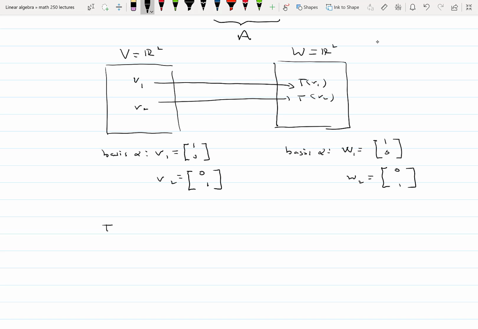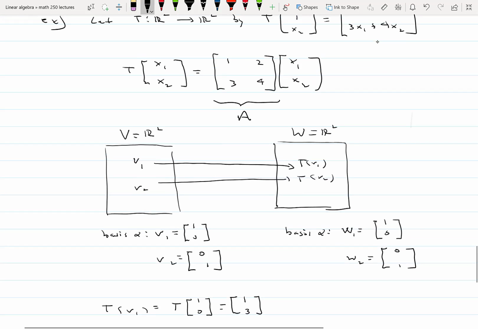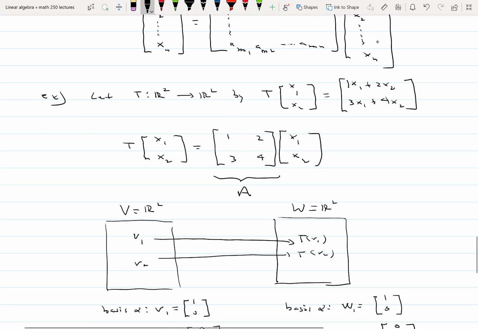So T of V1 is T of 1, 0, and T of 1, 0 is 1, 3. I'm just going back to the original matrix transformation.